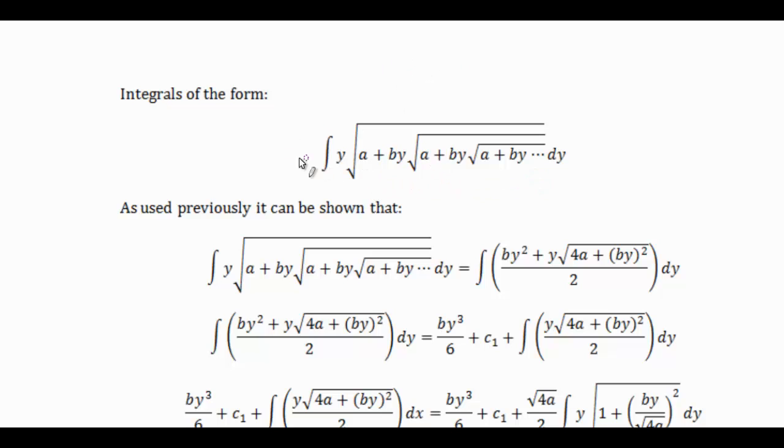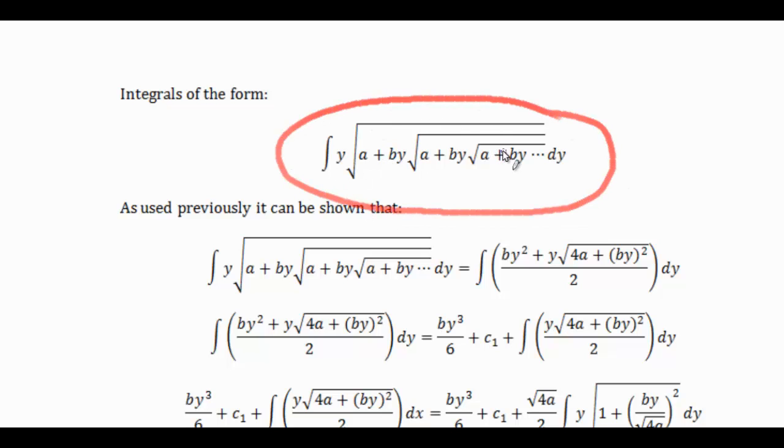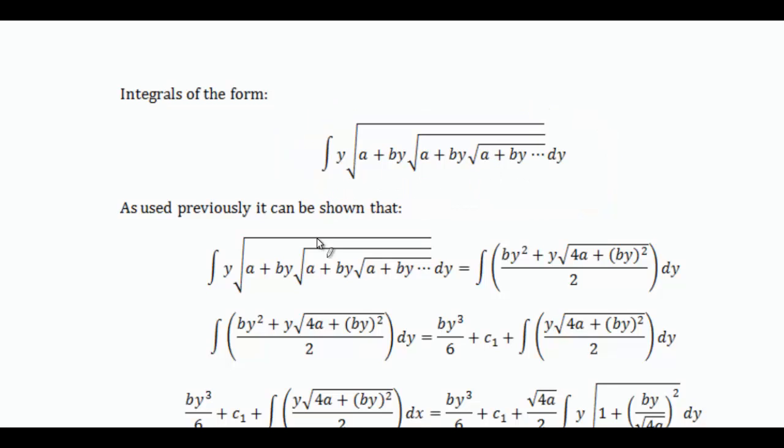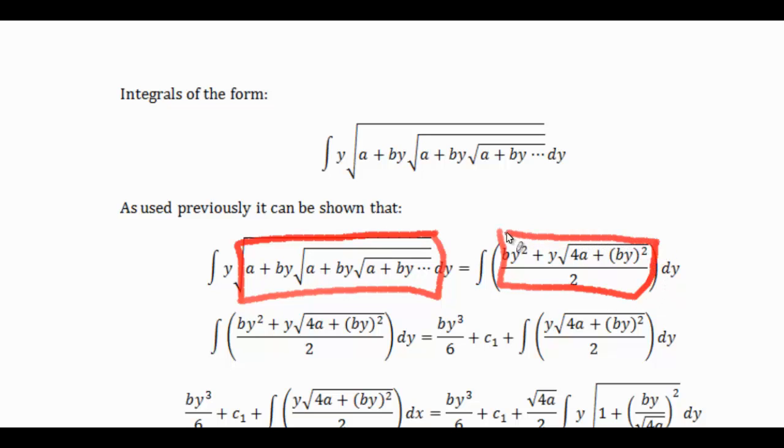So to start off with, we're going to be looking at this integral here, and we're going to be trying to find its solution. Using what was known in our previous video, we can show that this section in here is just equal to this piece in here.